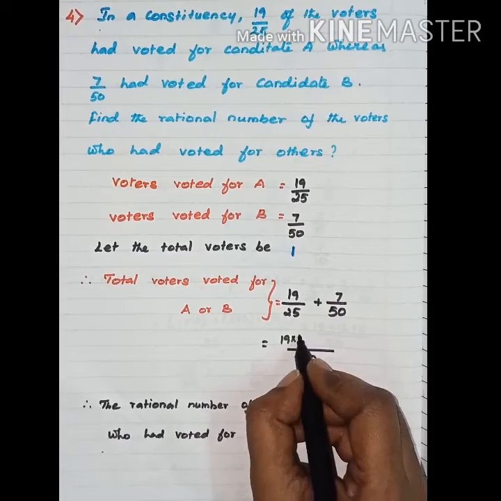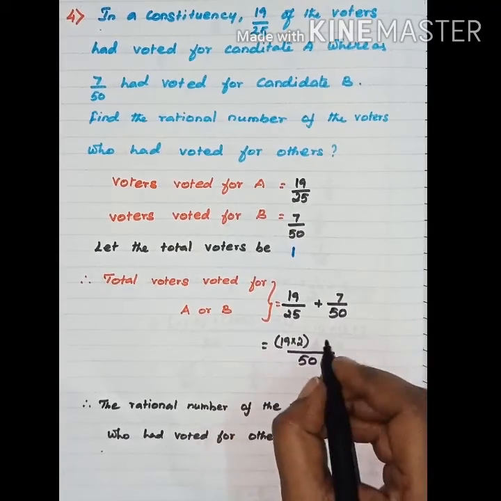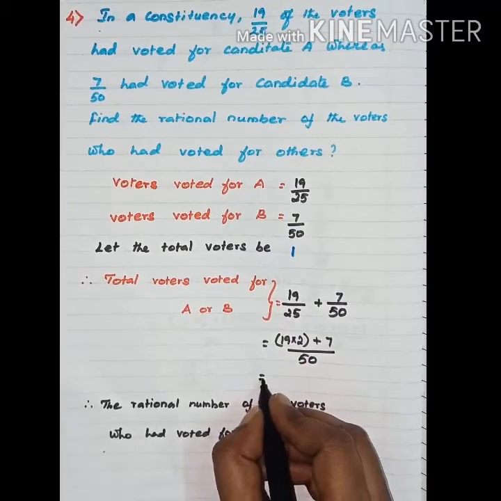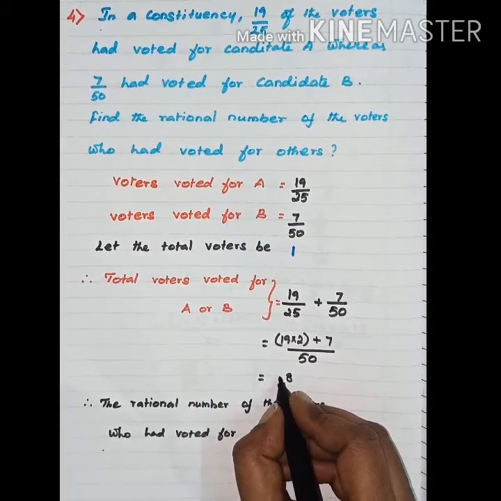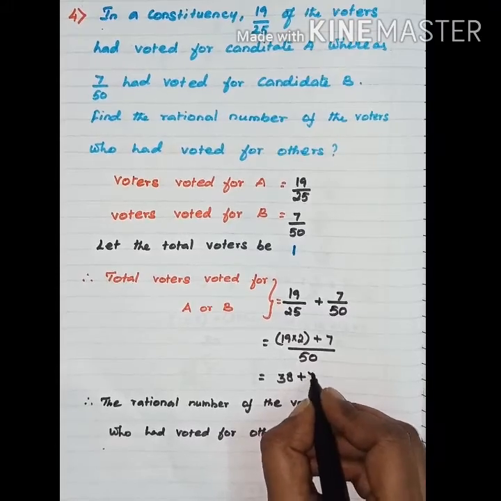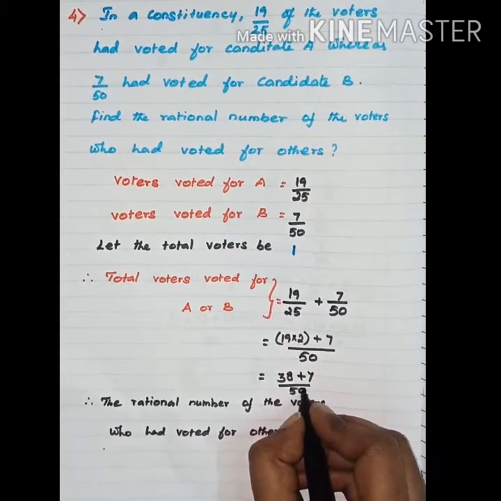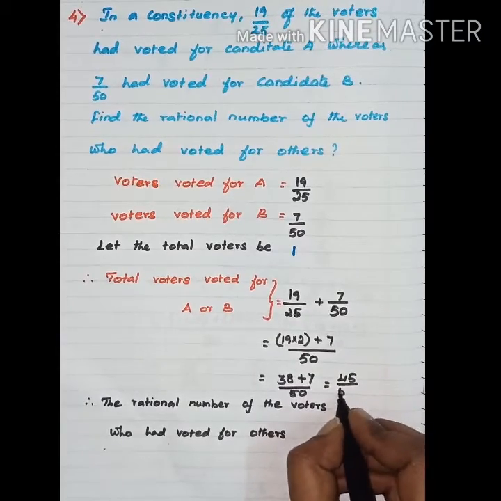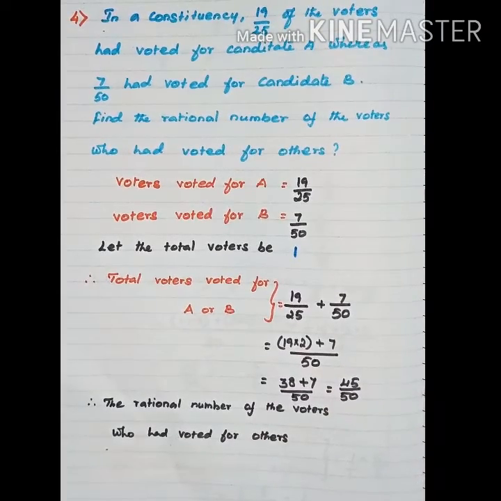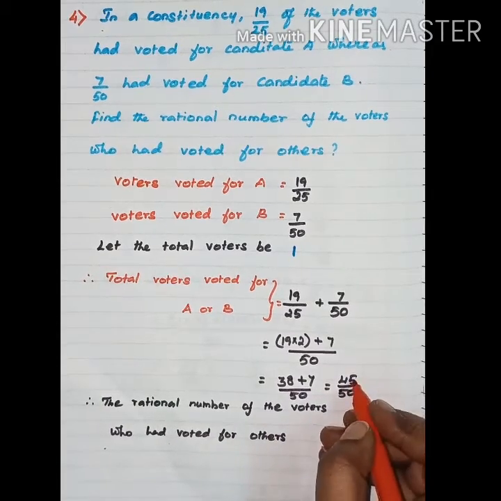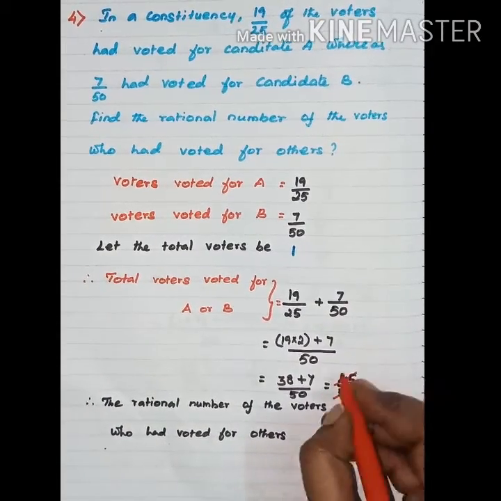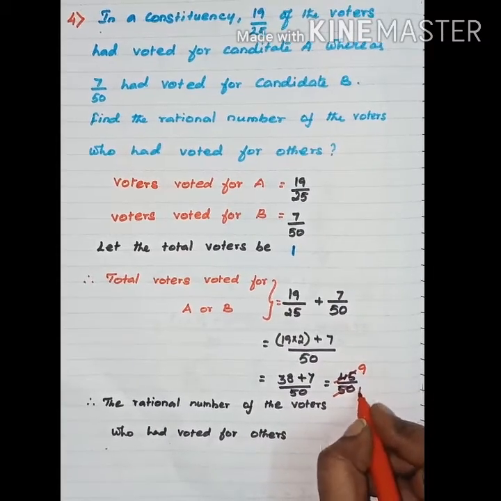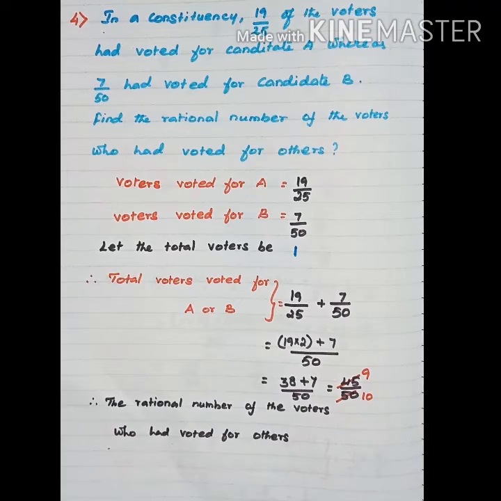We multiply 19 by 2, plus 7. 19 twos are 38, plus 7, by 50, which is equal to 45 by 50. We can cancel the numerator and the denominator by 5. 9 fives are 45, 10 fives are 50.